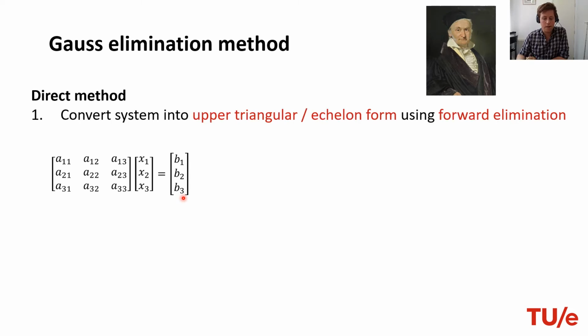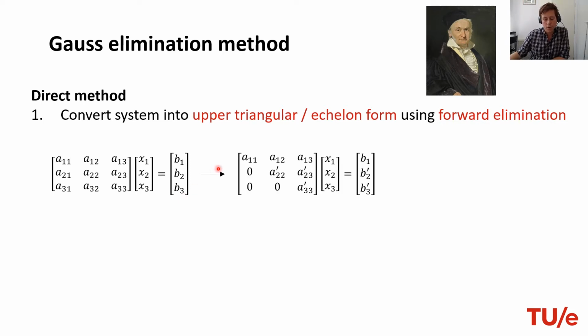First we convert the system into an upper triangular form, or an echelon form as it's also known, using steps of forward elimination. And that's what Gauss elimination actually is. So using row operations on the matrix, we try to convert it into this upper triangular form.